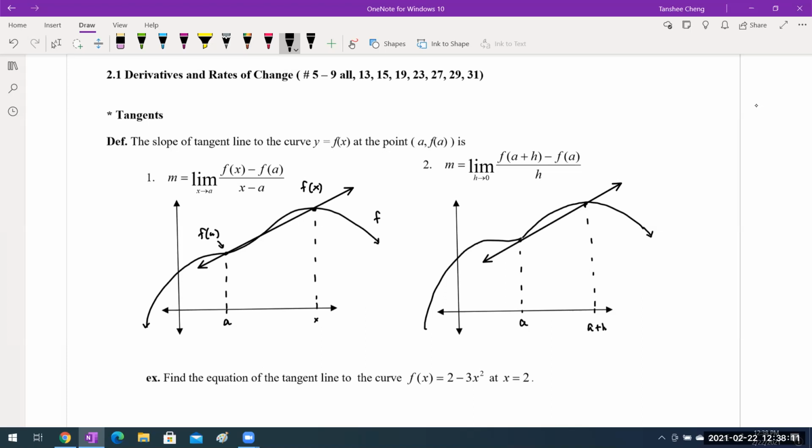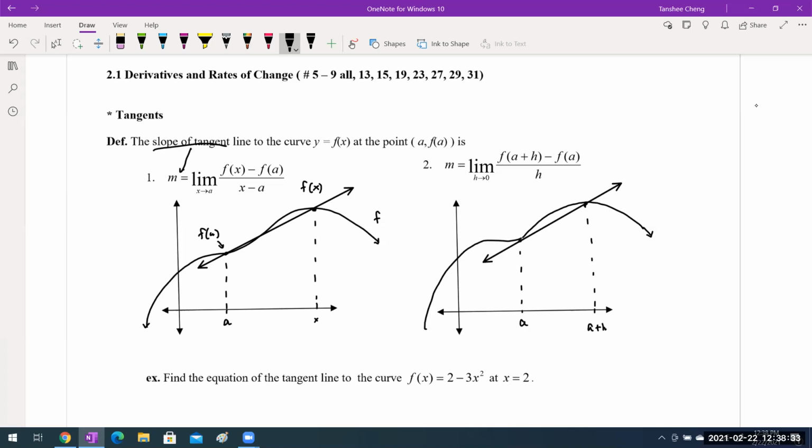So that's why we can formulate the slope of the tangent line as the limit as x approaches A of f of x minus f of A divided by x minus A, which is basically the slope of the secant line, y2 minus y1 over x2 minus x1.